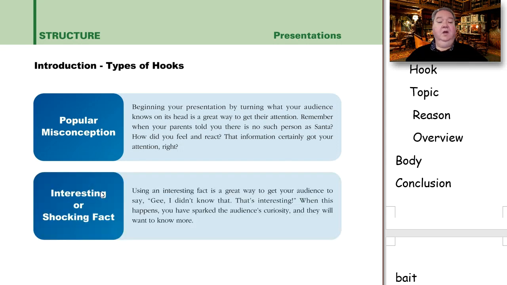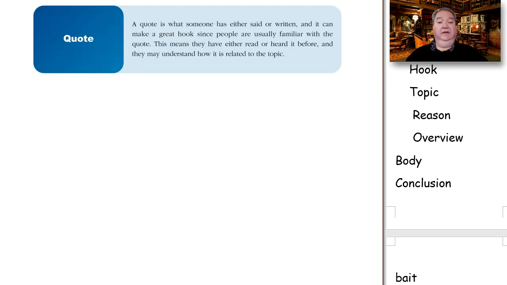You could have an interesting or shocking fact or statistic, something surprising to tell the audience. You could use a quote from a book, a movie, a famous person, an interview. But it doesn't have to be a famous person. A quote could be something that your mom always said or one of your teachers always taught you. But a quote from a song, a poem, a movie, a book, anything.